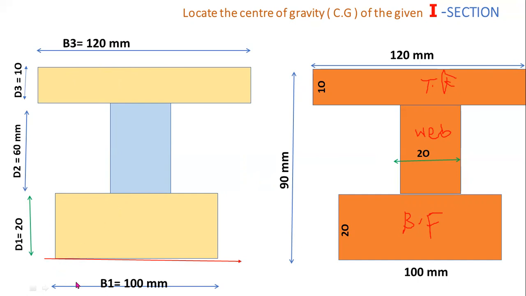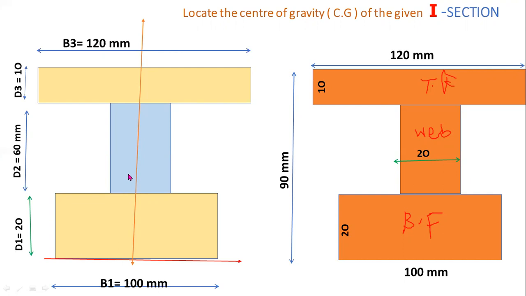Now I am considering the reference x-axis. Now this is the reference y-axis. The given I section is symmetric about y-axis, you can observe. So therefore the centroid of the entire I section lies on the y-axis.